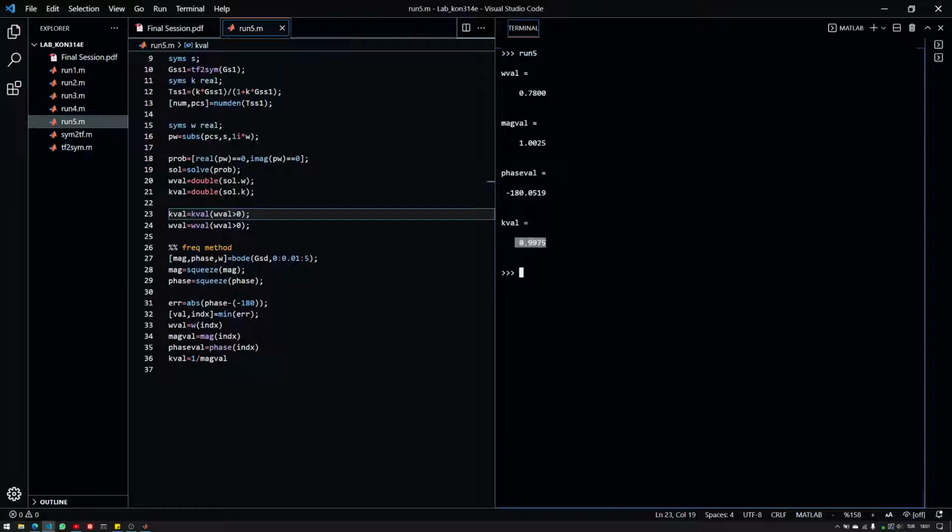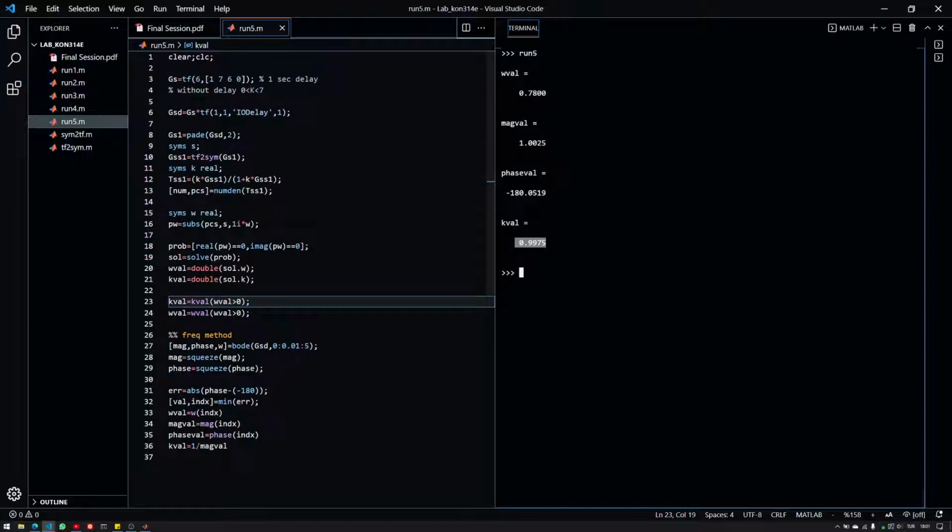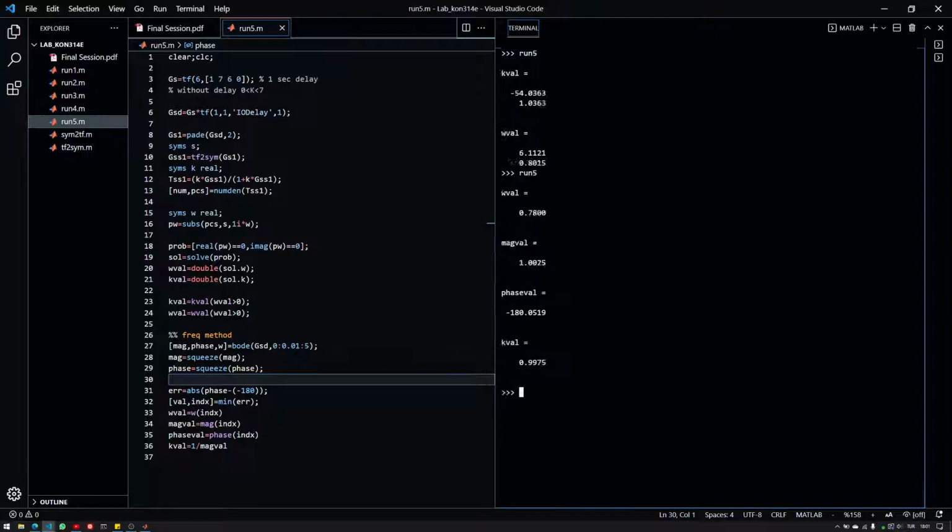So you can see that this is 0.9975, which again shows that we didn't calculate the interval for the first order Padé approximation accurately, because there's a slight error there, because it should not be less than 0.9975. So the Bode diagram tells us that the interval here is 0.9975, or at least the upper bound is 0.9975.